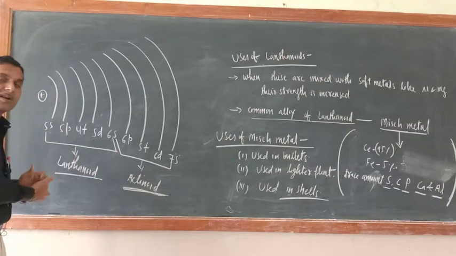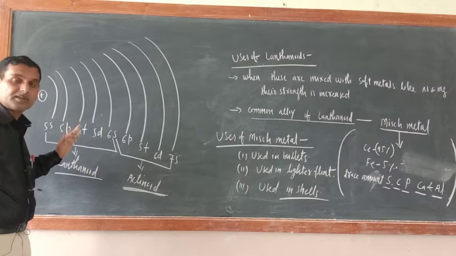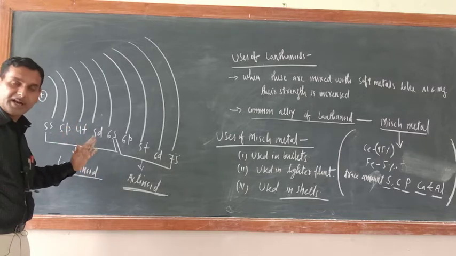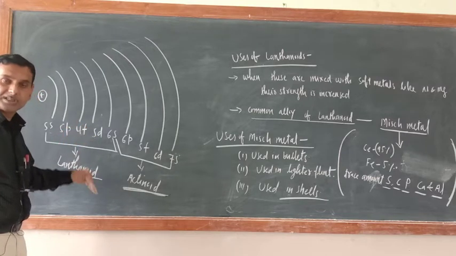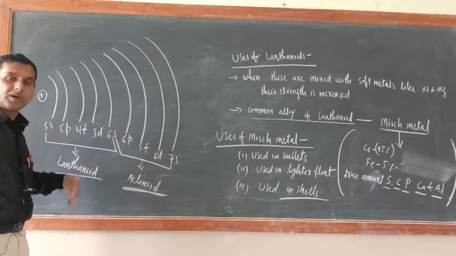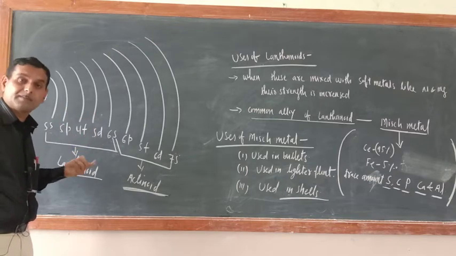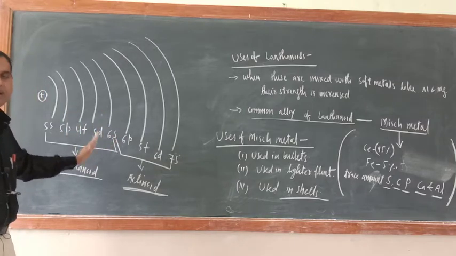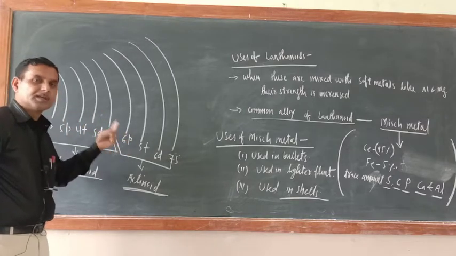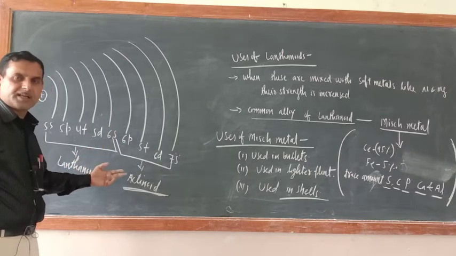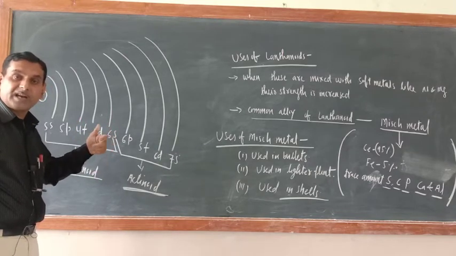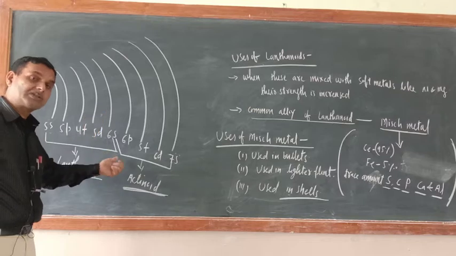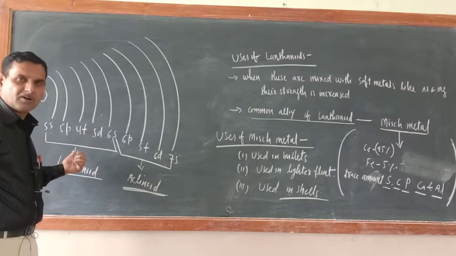These are some differences between the lanthanides and actinides in terms of electronic configuration, and electronic configuration determines their physical and chemical properties. Just remember this properly, we will use it in many places. So here 2-3 differences are there: actinides show wide variation in the oxidation state, lanthanides do not.